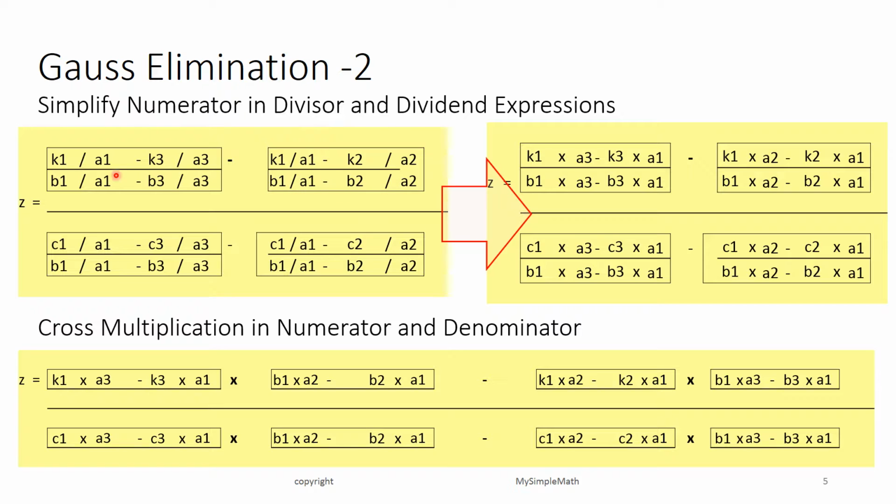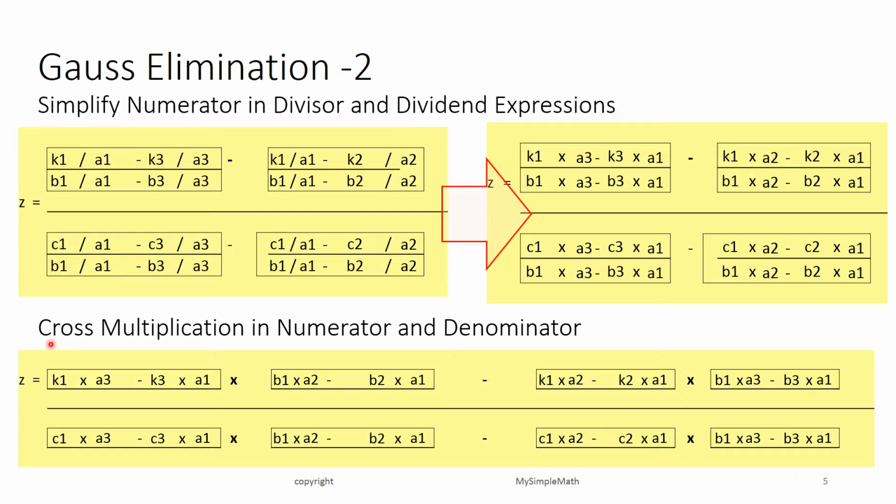Here a1 and a3 cancel out in the numerator as well as in the denominator right here. In the denominator, instead of k1, I have a c1 here: c1 a3 minus c3 a1, b1 a3 minus b3 a1, and so on and so forth. This comes out right here.